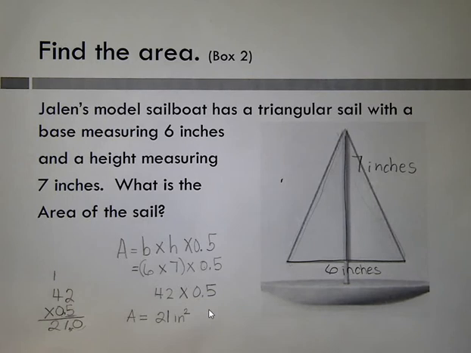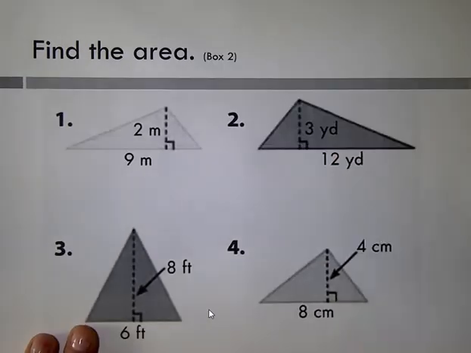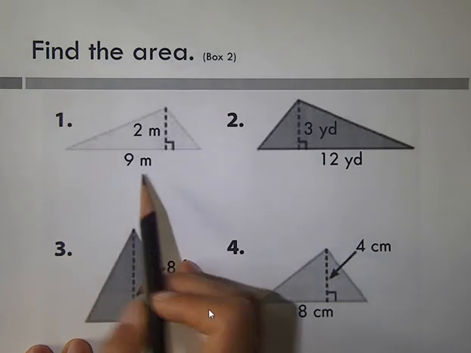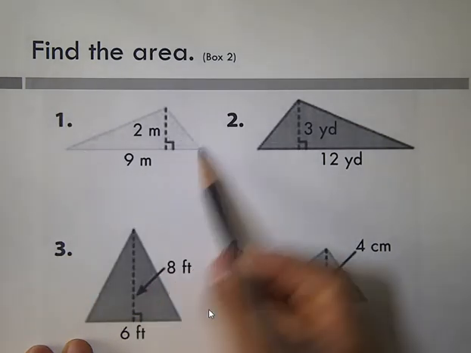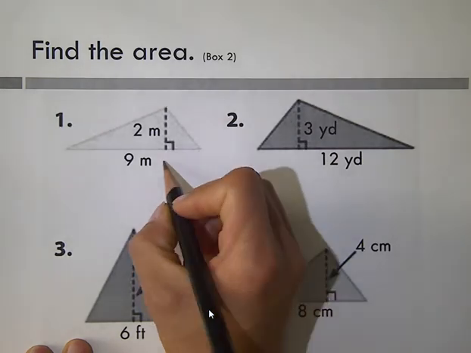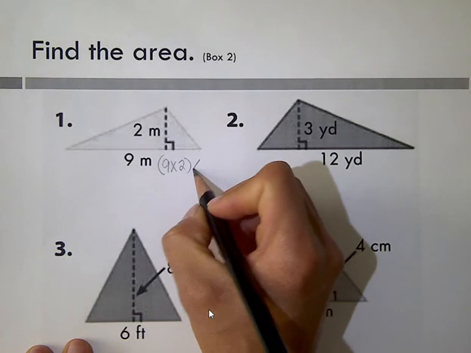Let's try a few more. Let's find the area of number 1. I know the base is 9 meters and the height is 2 meters. So if I use my formula, I will multiply 9 times 2 and then multiply it times 0.5.